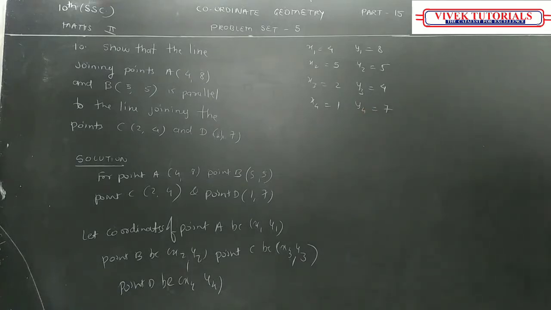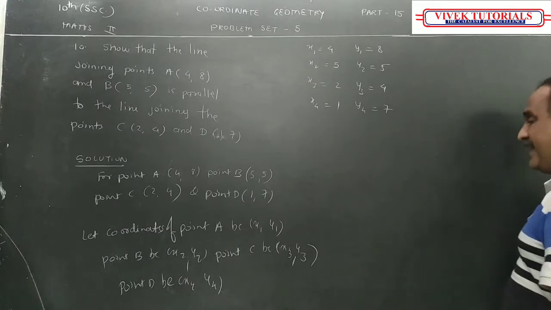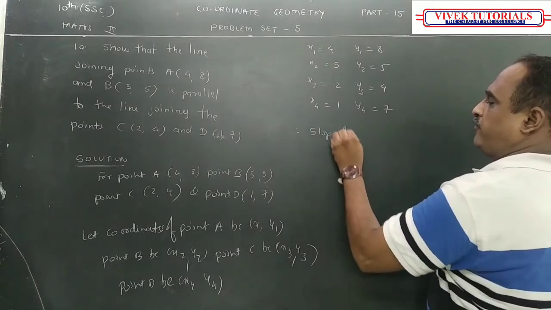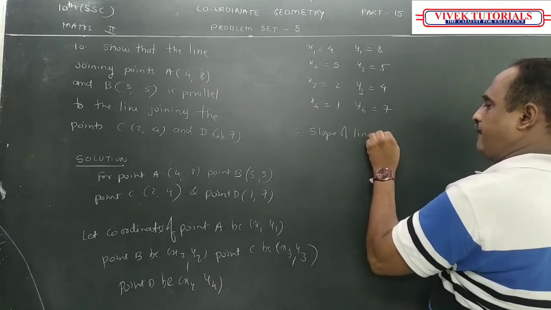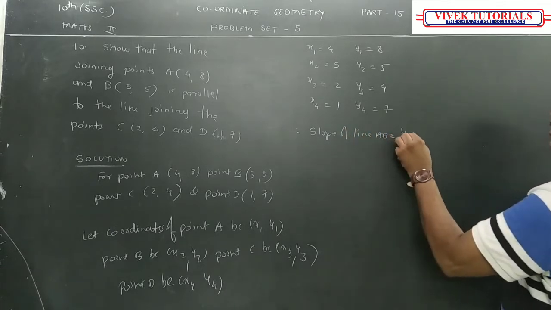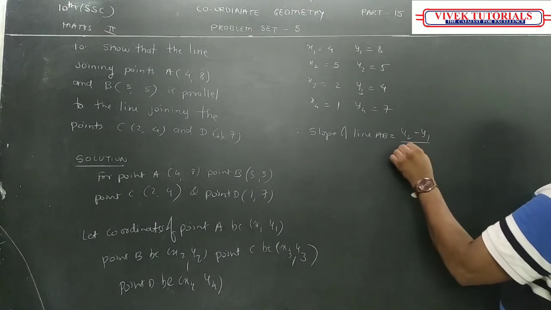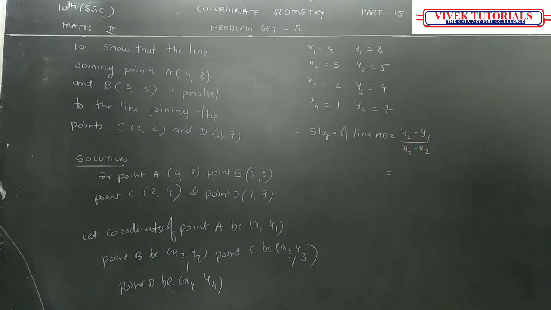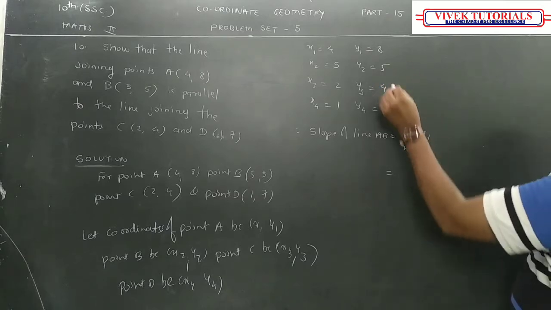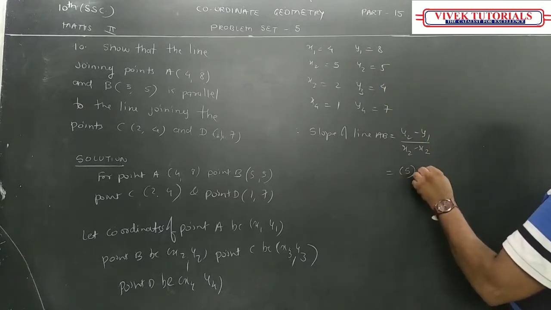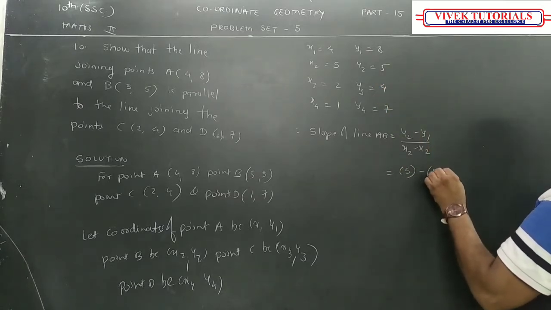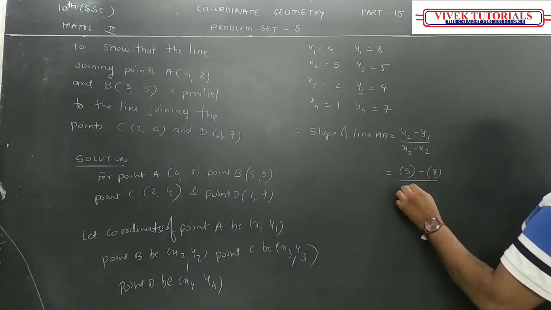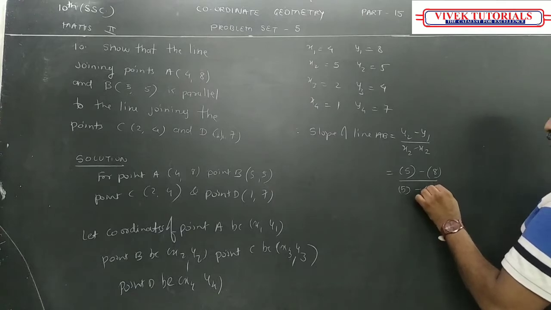First of all, we'll find out the slope of the line. Therefore, slope of line AB is equal to y2 minus y1 upon x2 minus x1. y2 is 5, y1 is 8, and x2 minus x1 is 5 minus 4.